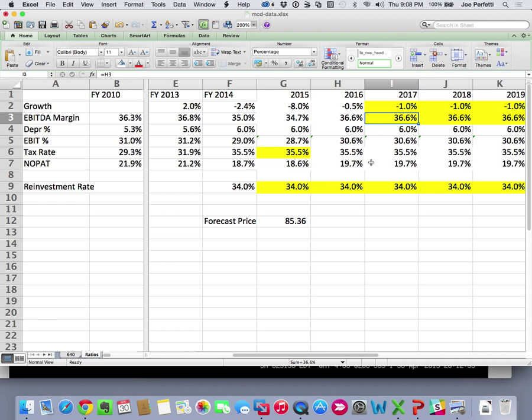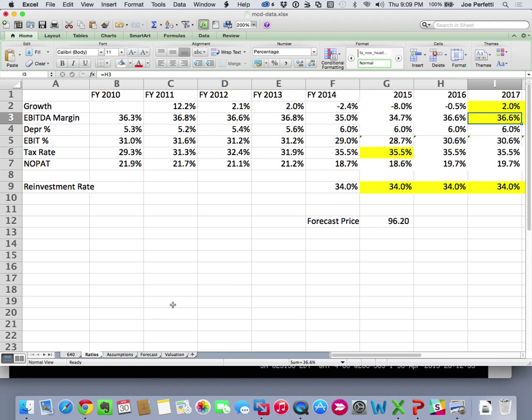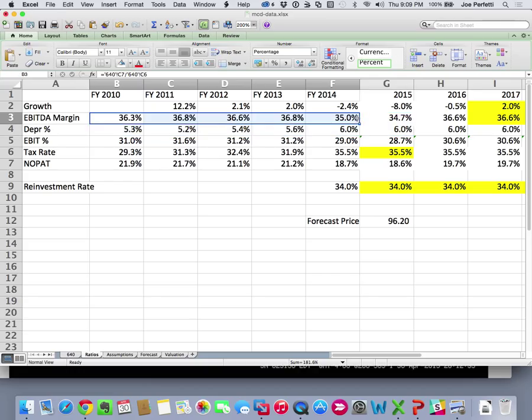Okay, and then here's the thing. What if I start growing at about 1% a year, or 1.5% a year, or 2% a year? Got lucky. So at similar margins, and again, this is where you have to do some art. This is the art of valuation, because you got to figure out, is it margin or not? But if I look at margins, 36 has been pretty consistent in the range of what they've been doing.